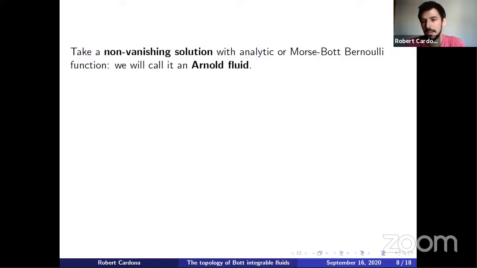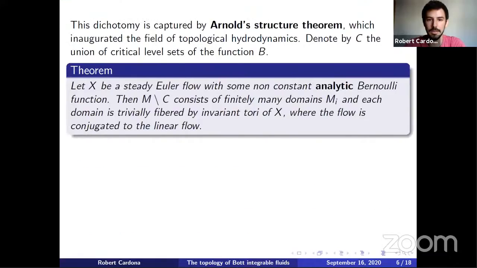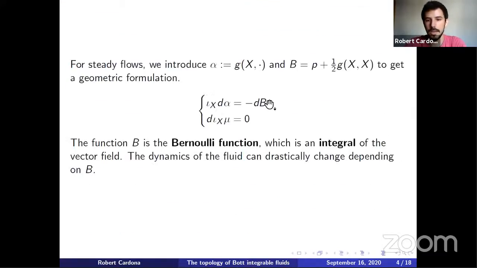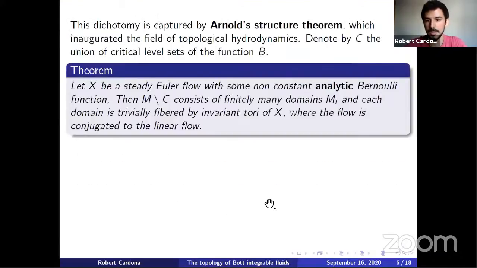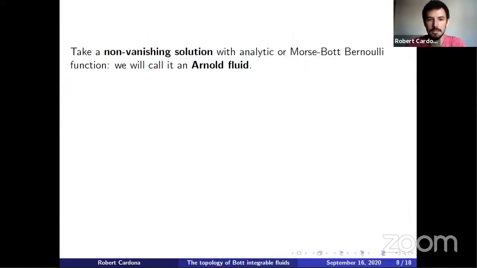Something that a priori could not be true. So when I come to the equations, at a critical point of the Bernoulli function, X could be vanishing. And this I'm avoiding. I'm telling you X is always non-vanishing.